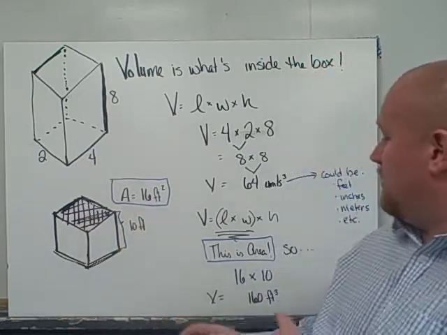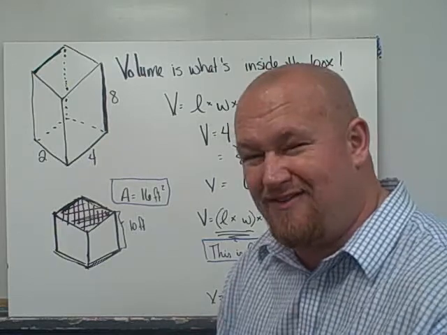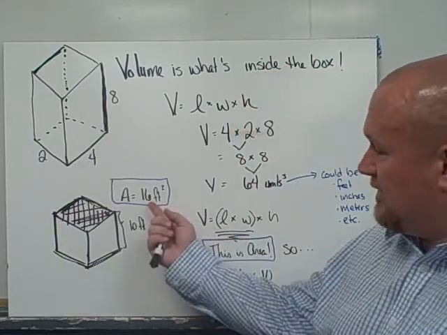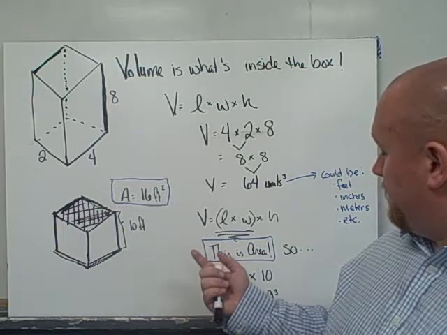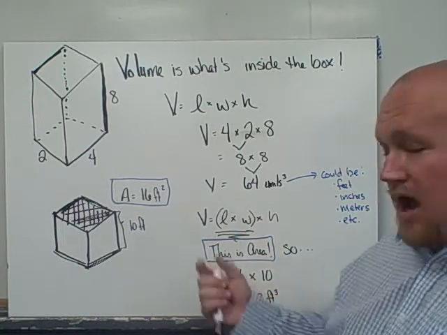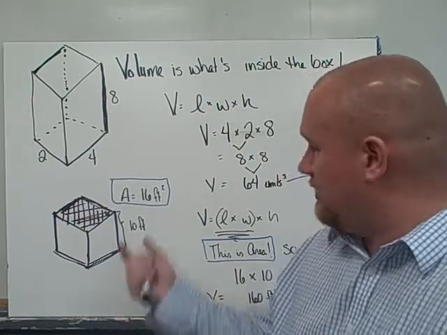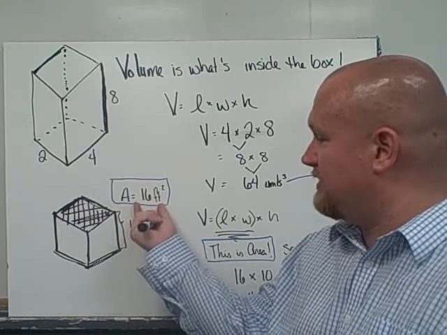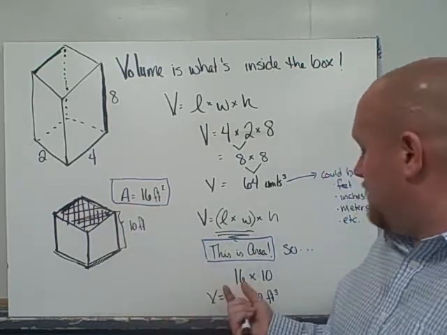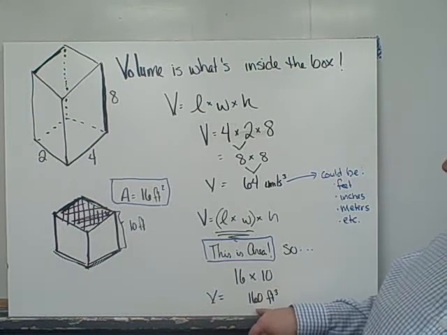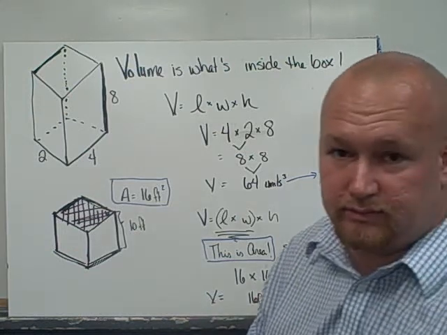So all we have to do is take that third characteristic of height and multiply the area, the length times width, which is this, by the height. So we have 16, not 16 times 16. It's already been done for you. Length times width together is 16. 16 multiplied by the height of 10, we end up with 160 feet cubed.